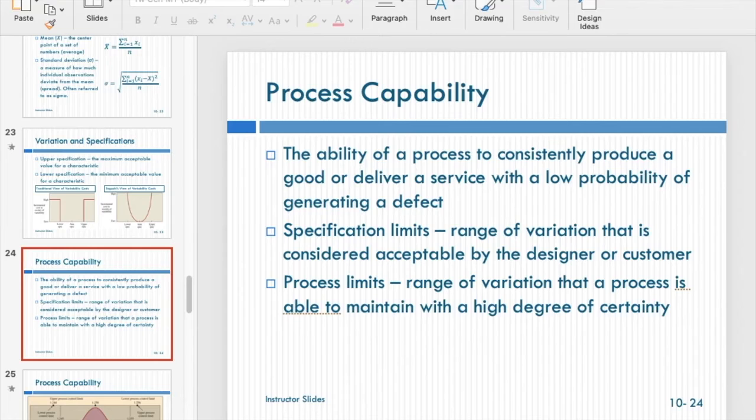Although the specification limit and the process limit are different things, they can be compared with each other. So let me ask you a question. If the process limit is outside the specification limits, which means the variation within the real production process is actually bigger than your plan, do you think this is a good thing or bad thing in terms of quality?